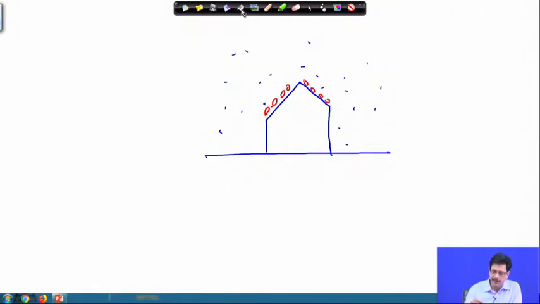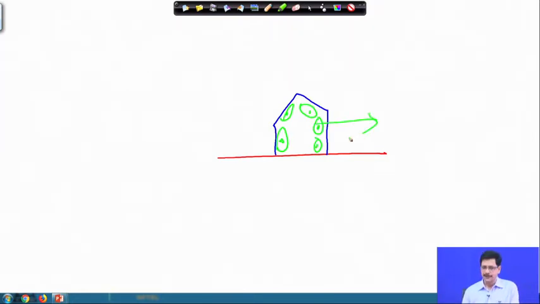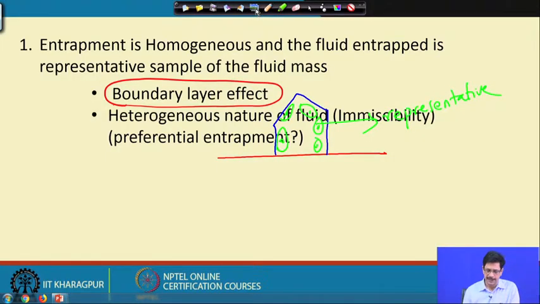Whereas, if the inclusions forming in this crystal are of reasonably large size, these inclusions are more likely to be representative of the paleofluid compared to the inclusions which are much smaller in their size.